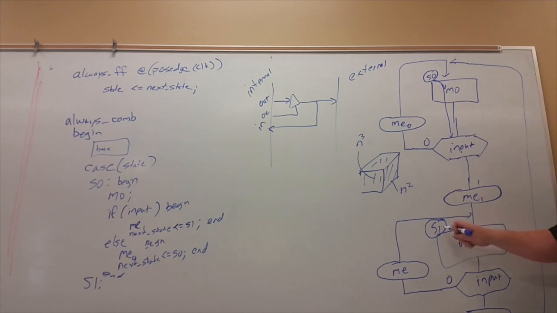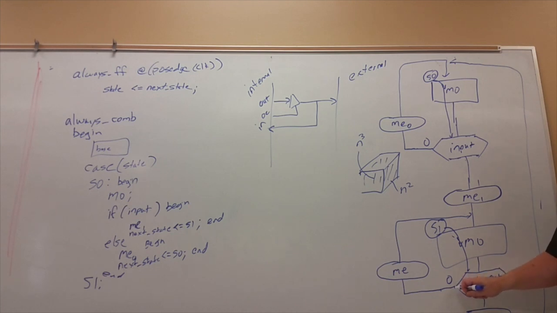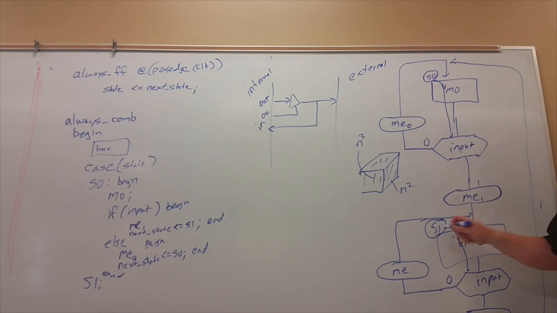You start where the state name is, and you walk through. Moore output, whatever else was in here, you do all that. And then what do I see? If my input is true, what happens? I would do this Mealy, and my next state would be S0. Otherwise, else, I do that Mealy, and my next state is S1 again.